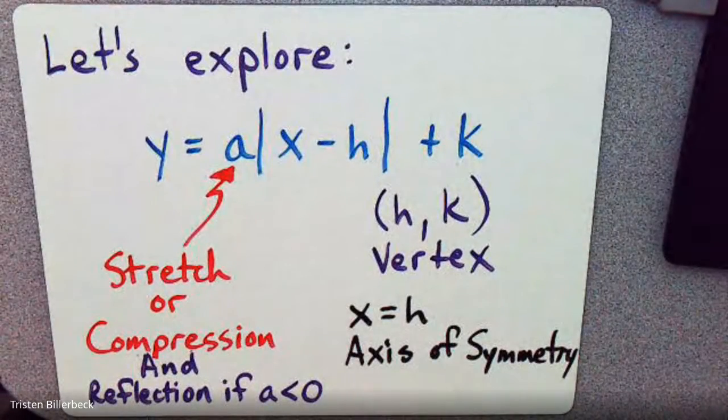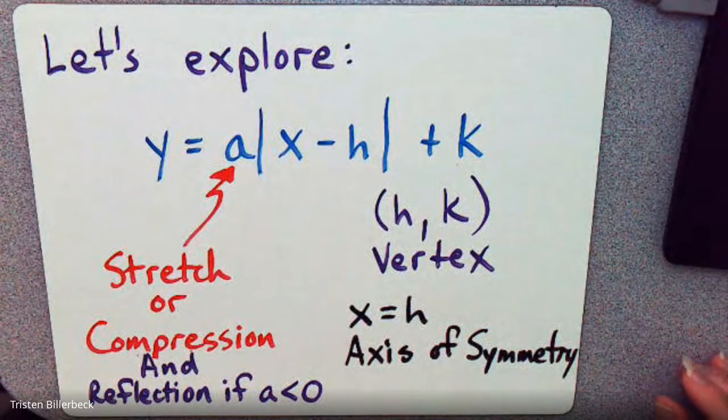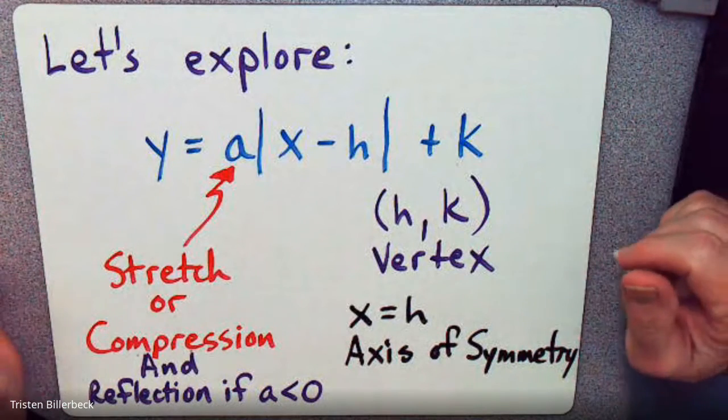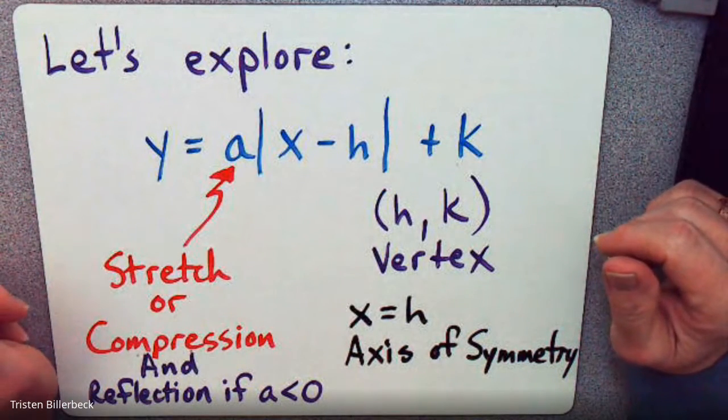All right, so let's take a look at our absolute value function again. We started this chapter with absolute value functions as very special piecewise defined functions. But now we're going to look at the anatomy of an absolute value function.